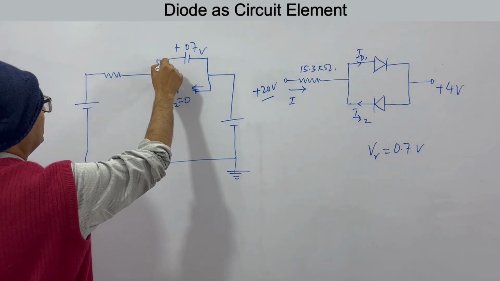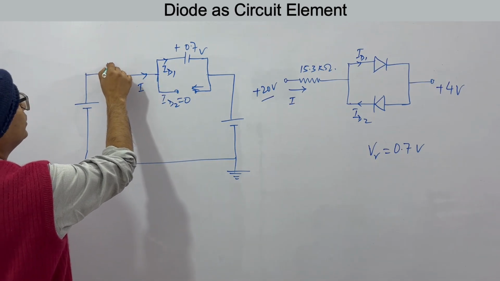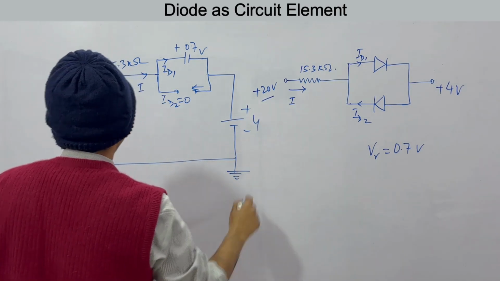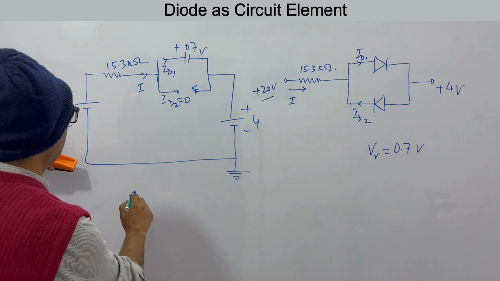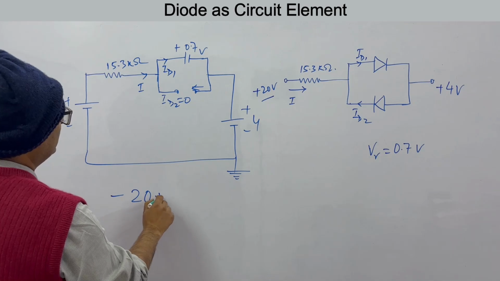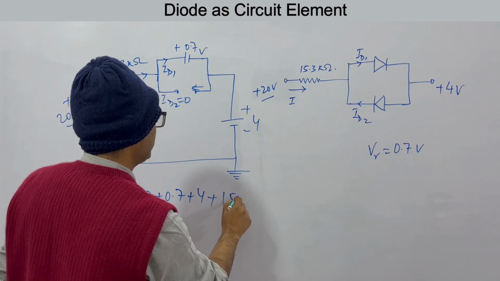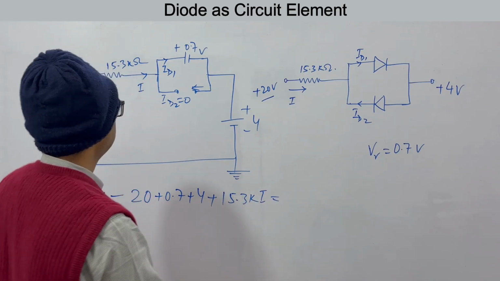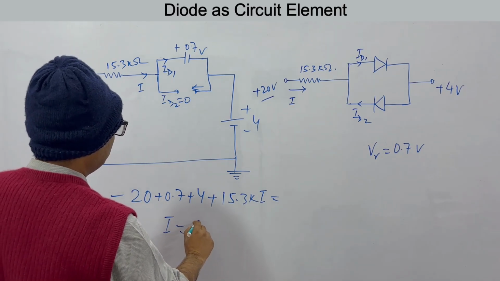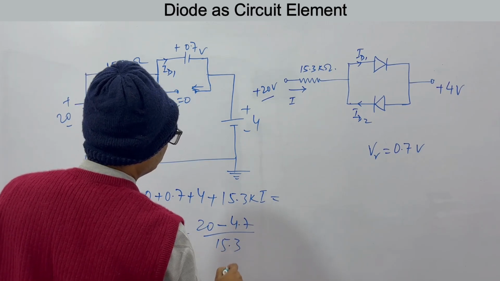And what about ID1? Obviously, ID1 will be equal to I, which is equal to, this is 20, this is 4. So this will be 20 minus 20 plus 0.7 plus 4 plus 15.3 kilo into I. So what you get is I is actually 20 minus 4.7 by 15.3 kilo ohms.